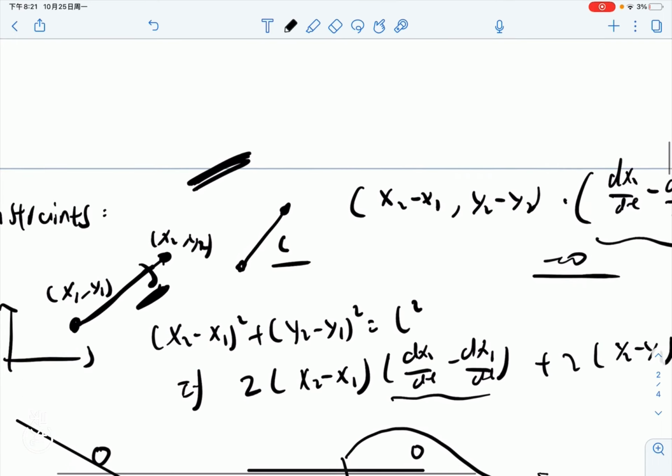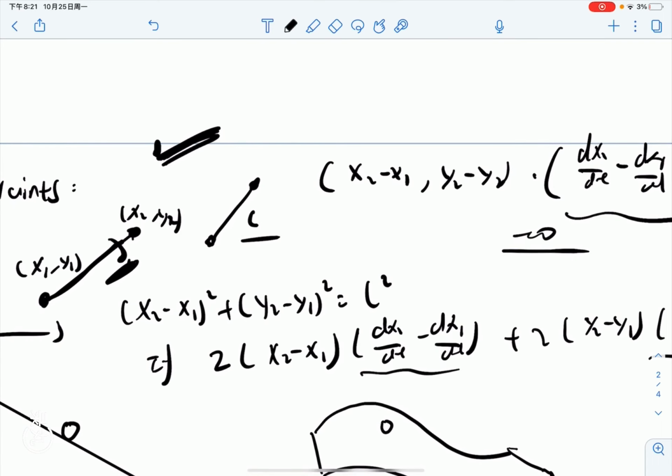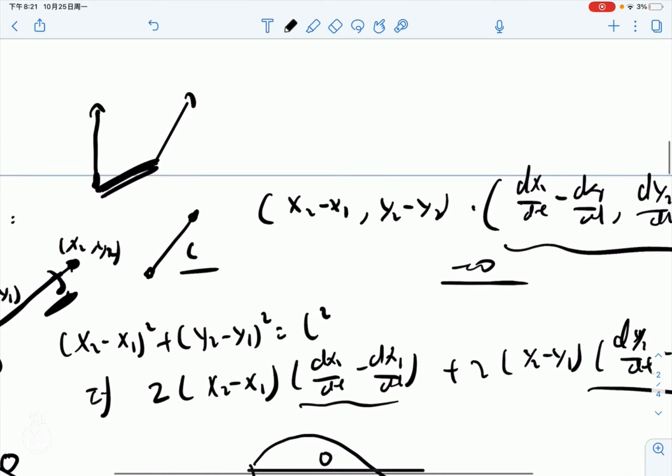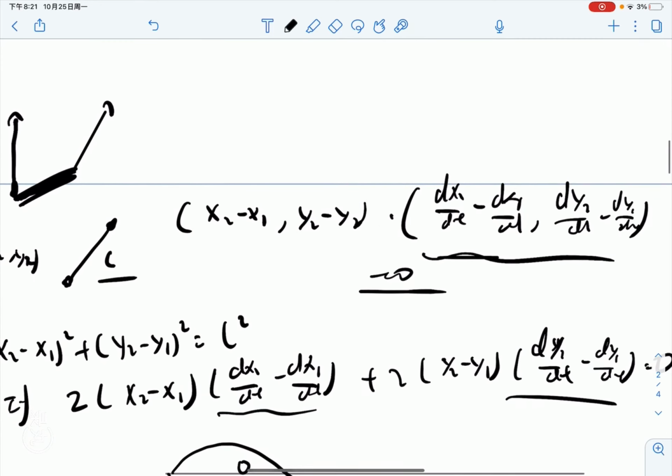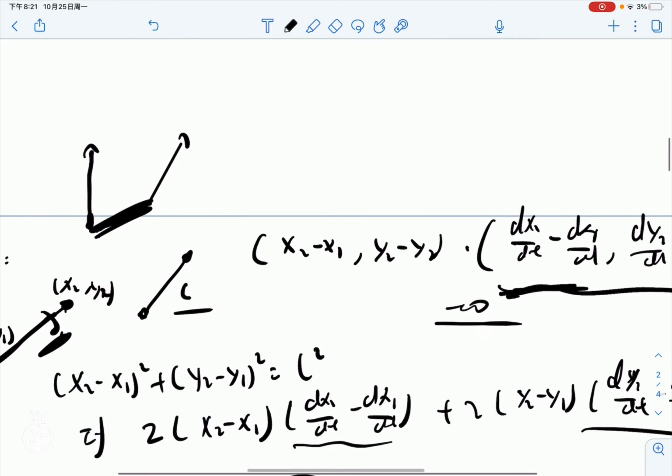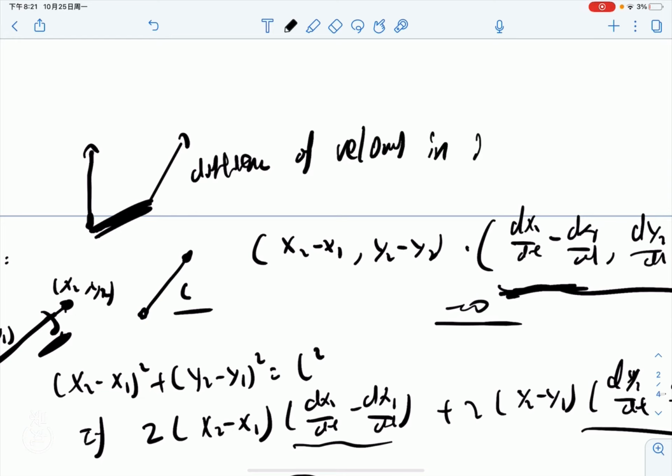So if you have a velocity over here, and here's a velocity of the other object on the rod, this means the difference of velocity in the direction of the rod is 0.